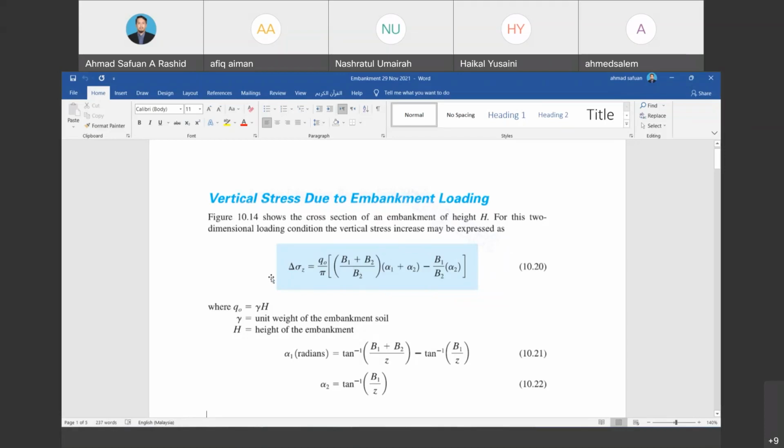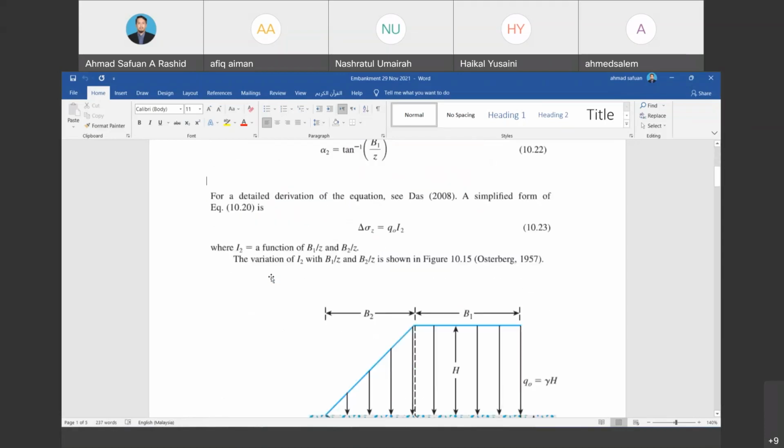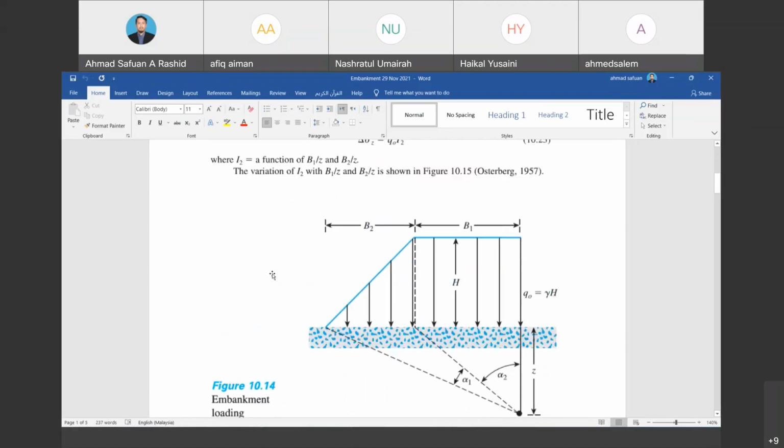So when we look at figure 10.14, this is the diagram for an embankment.